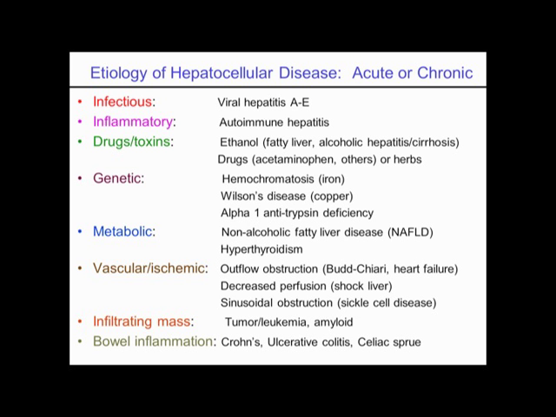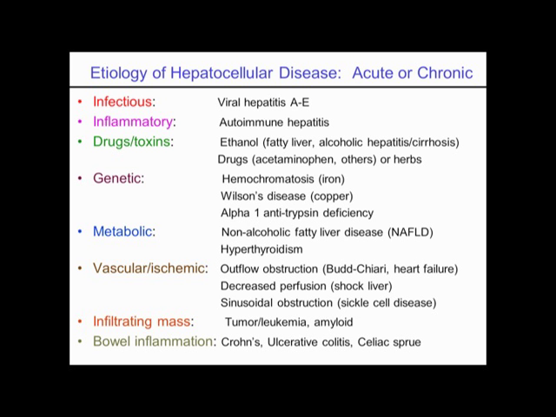Alcohol is probably the most common one, but there are others, and we'll talk about that next week. There's always genetic diseases. The three big ones that cause chronic liver disease are iron overload from genetic hemochromatosis, which we'll talk about, Wilson's disease from copper overload, and alpha-1 antitrypsin, which I talked to you about yesterday.